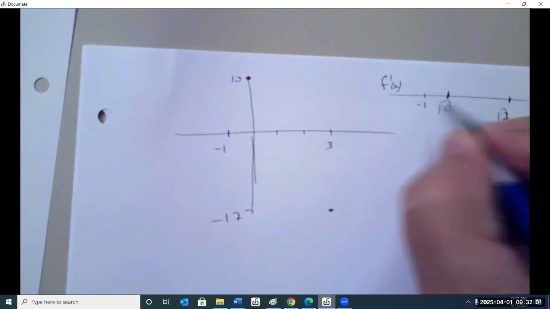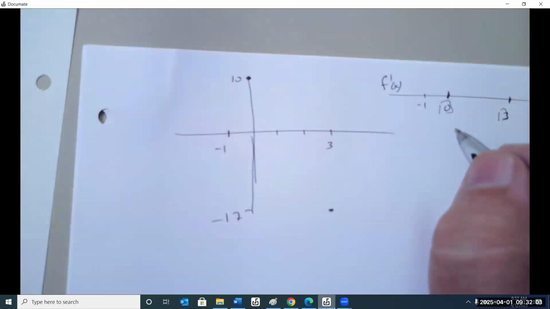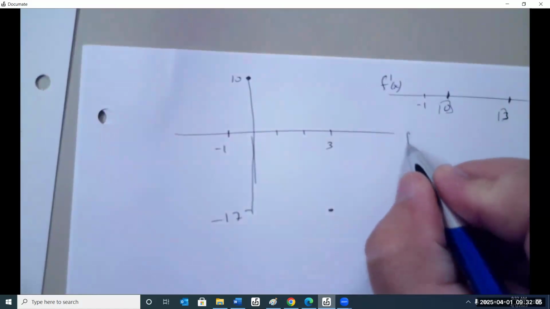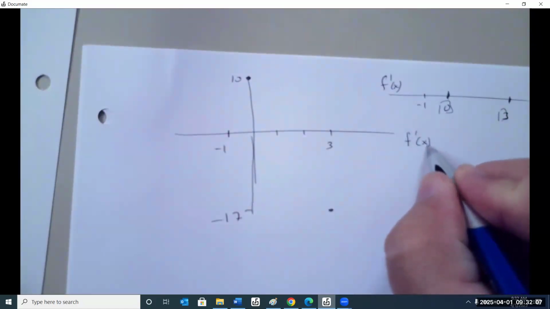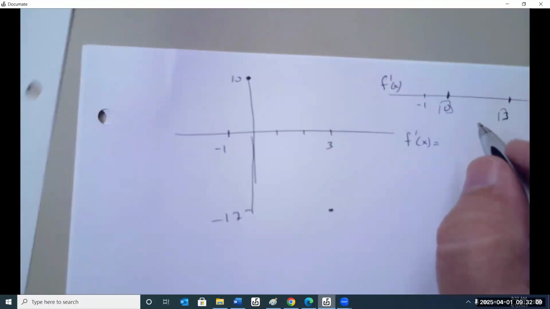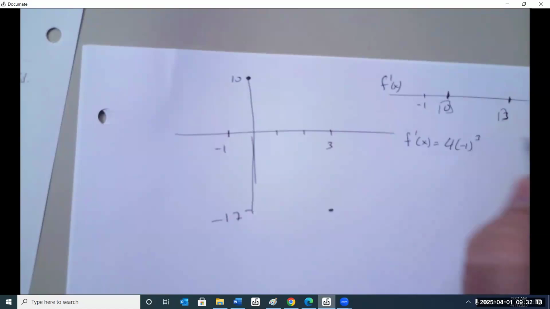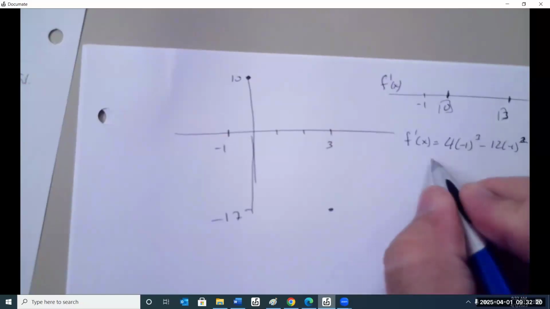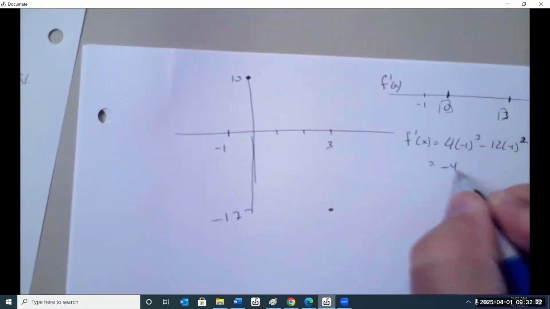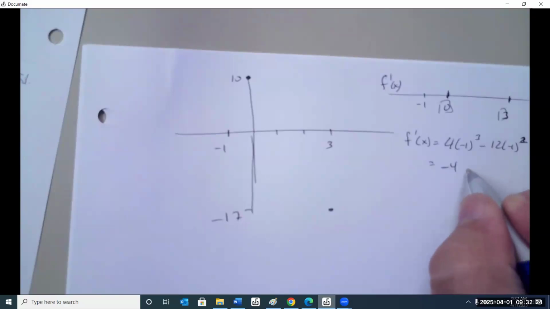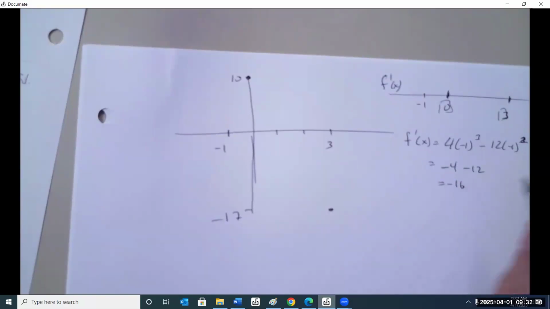If I put -1 inside my function, my first derivative would be 4 times -1 cubed minus 12 times -1 squared. So it's -4 minus 12 equals -16.